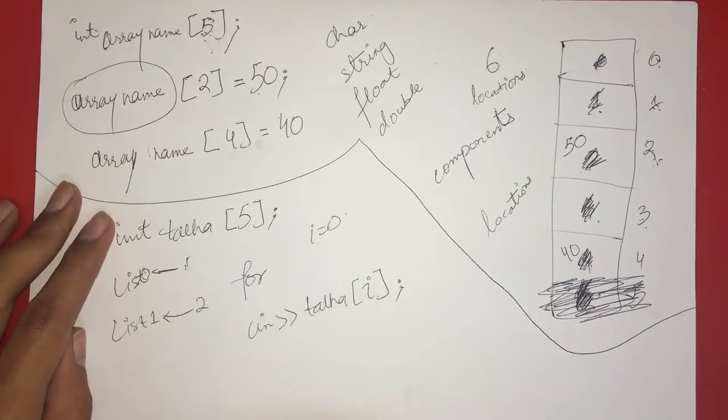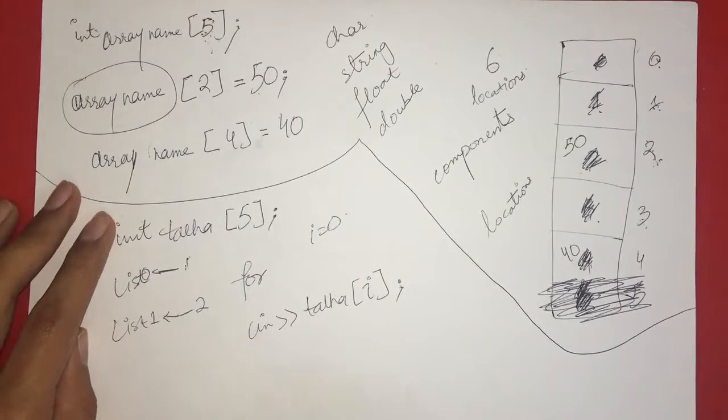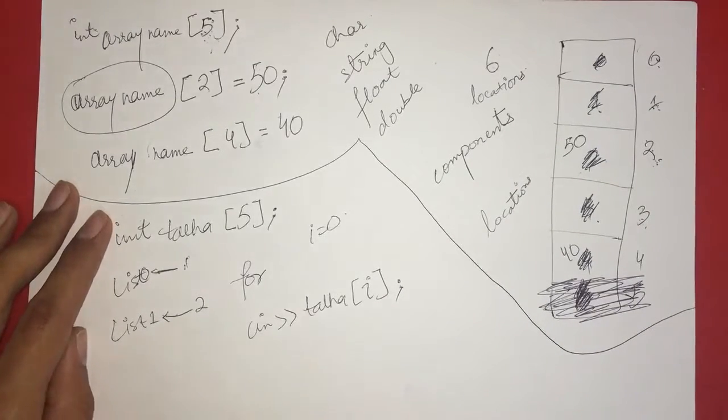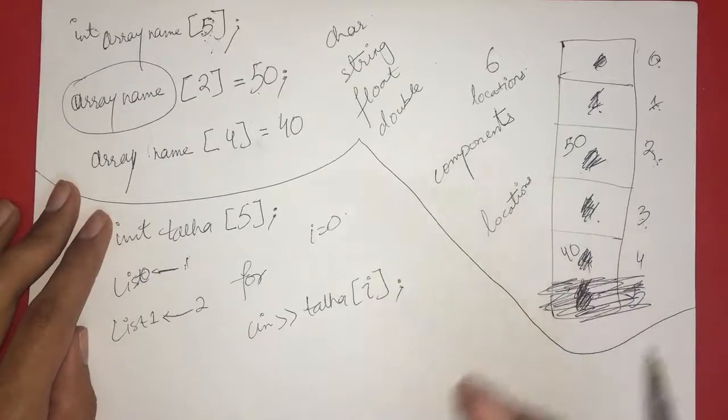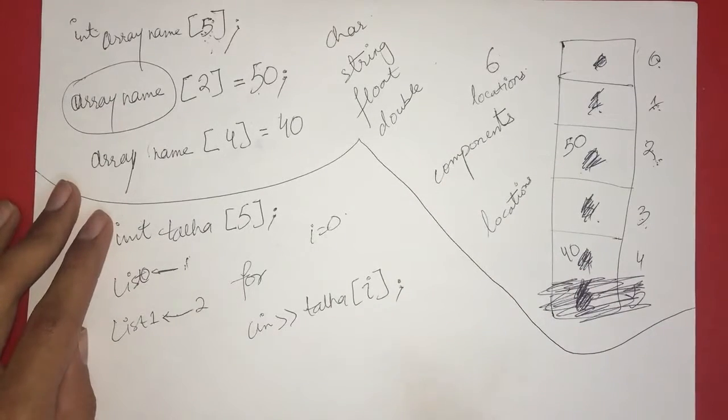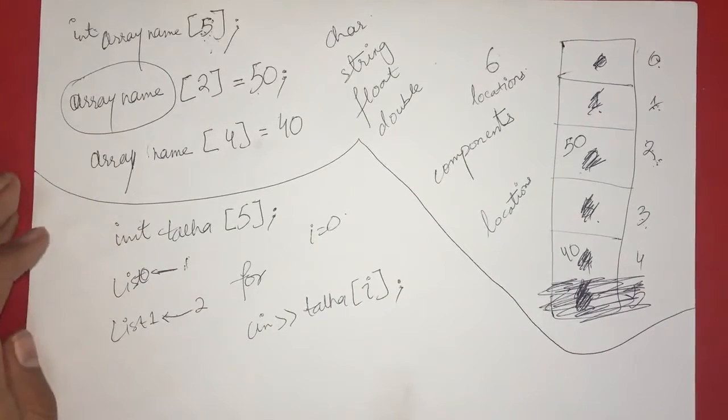And then after that, you had to find the sum of every component in the array and display it. After finding the sum, you had to find the average, so you would divide by the total number of components. And then you had to show the smallest component in the array, and also the largest component of the array. So this was the task.